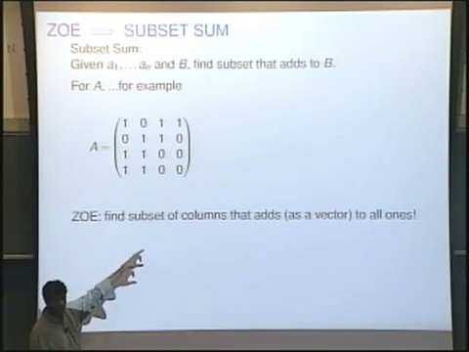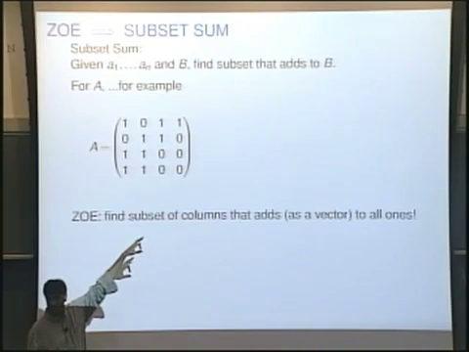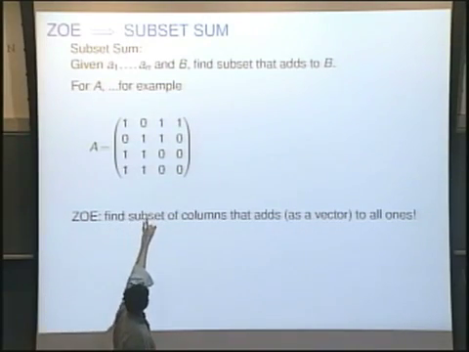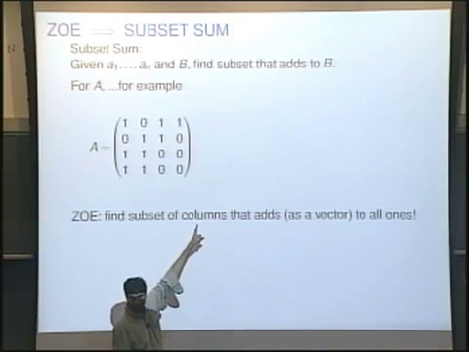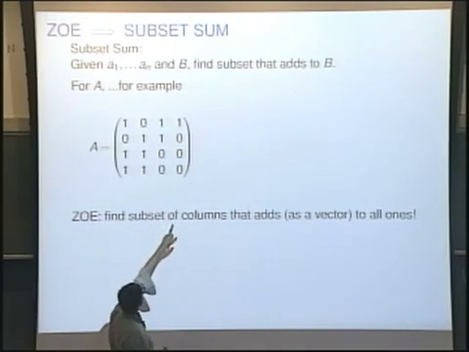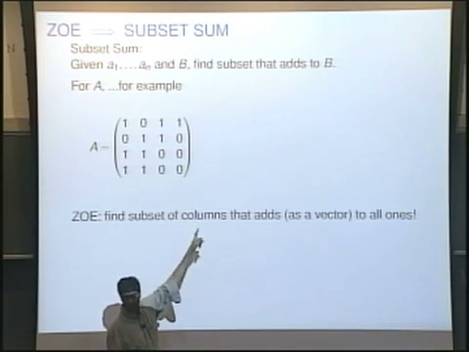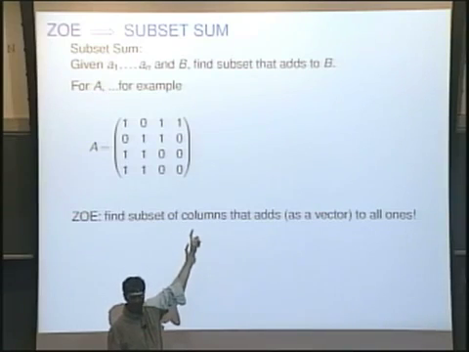When you take these variables and you set some of them to 1 and some of them to 0, you're multiplying A times x here. And A times x really says you're adding up the columns, according to the multipliers given by x.